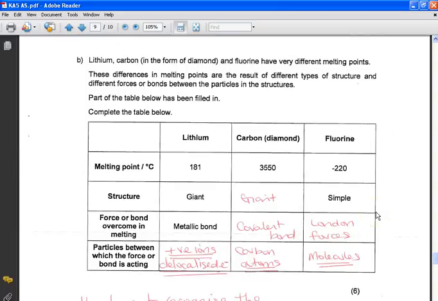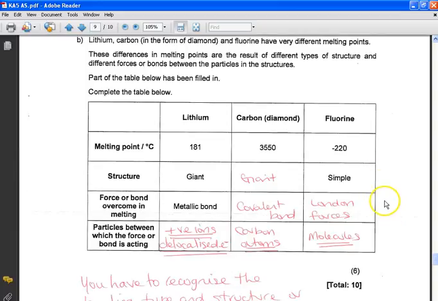Okay, part B of this question. Now this really should have been pretty straightforward, but a number of you got part of this wrong. I mean, this was 6 marks, for crying out loud. Yeah, you should know that carbon in the form of a diamond is a giant covalent structure.